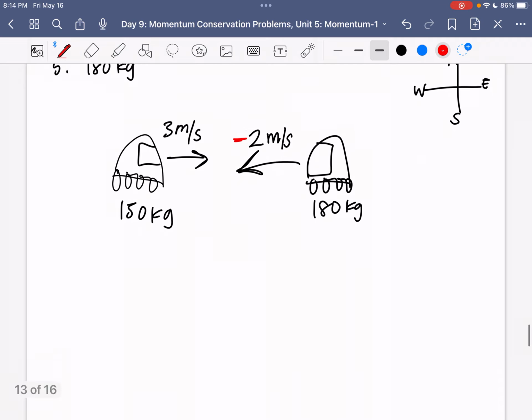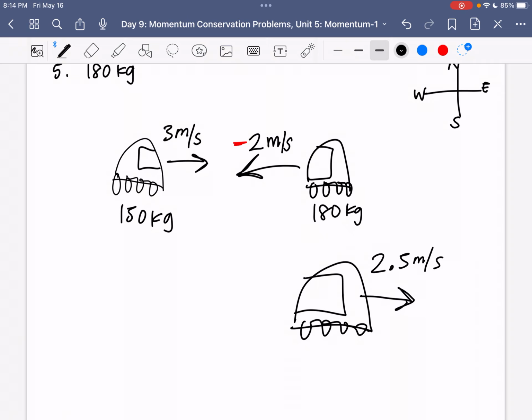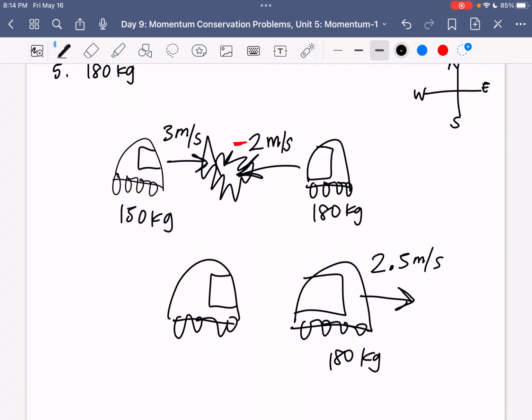Okay. After the collision, the 180 kilogram car travels east at 2.5 meters per second, and then the 150, we don't know the speed.